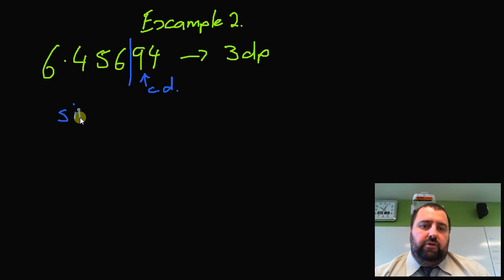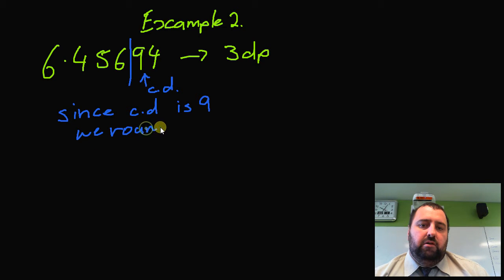So for this one, notice guys, I'm writing this in blue because in an exam you don't have to copy this down every time. So since our critical digit is 9, we round up. So when we round up, this last number is going to go up by 1.